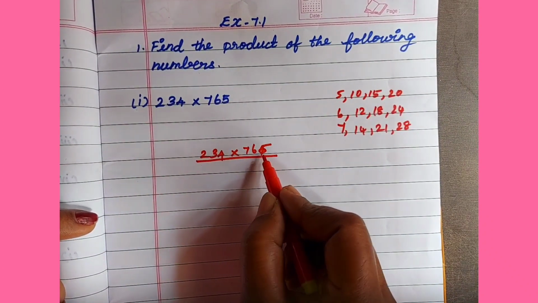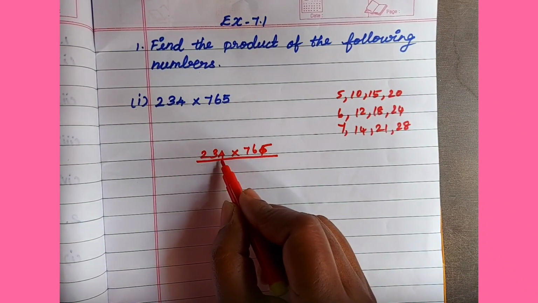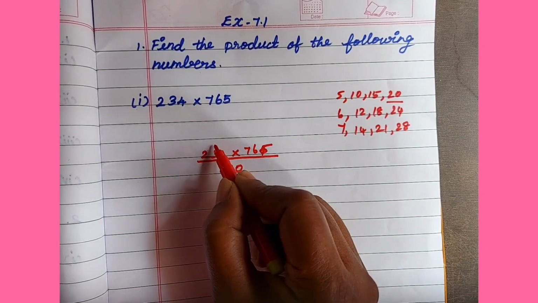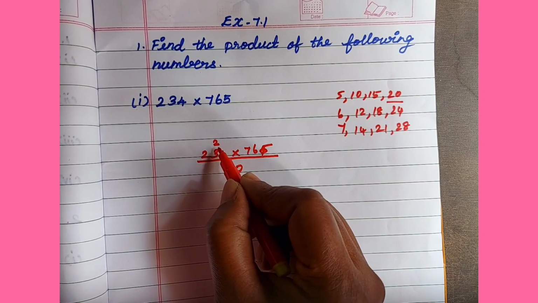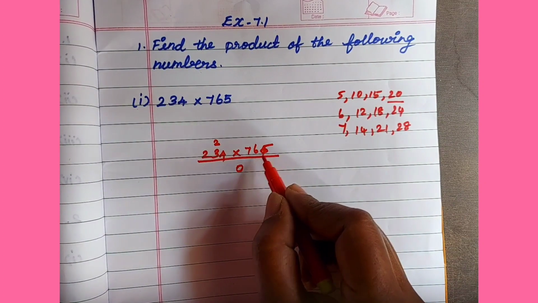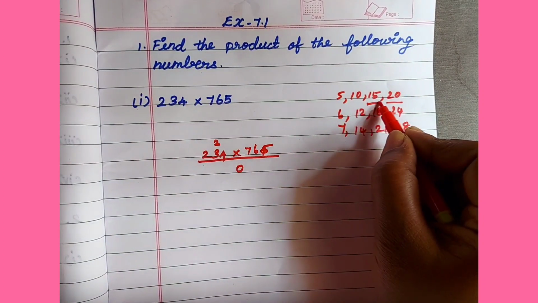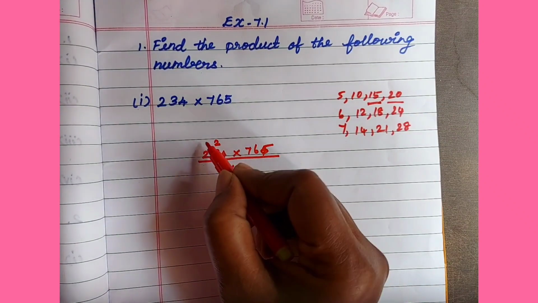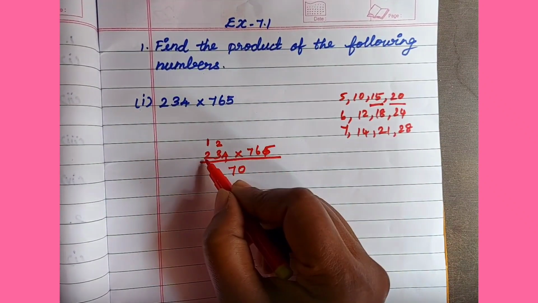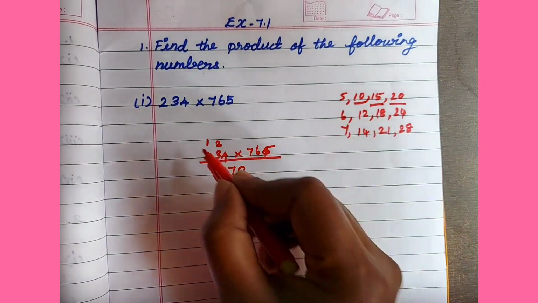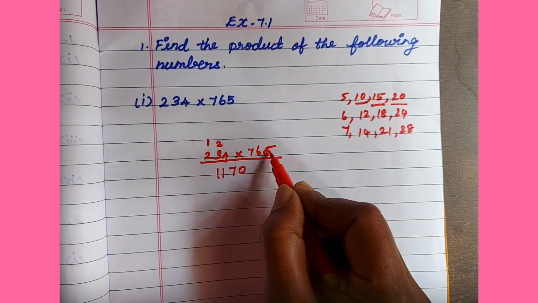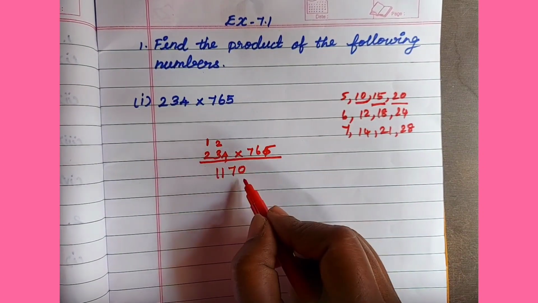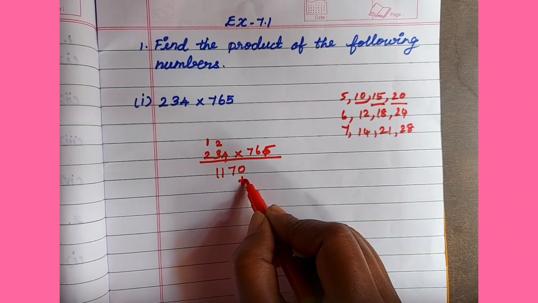First the 5 table. 5 4s are 20, 20 is 0, carry 2 to the next digit. 5 3s are 15, 15 plus 2 is 17, 17 is 7, carry 1. 5 2s are 10, 10 plus 1 is 11. So multiplying with 5 is fully finished. For the next digit, first put a plus symbol.